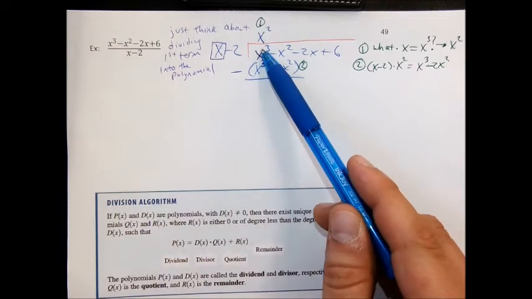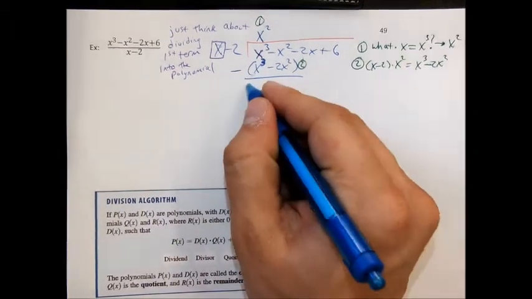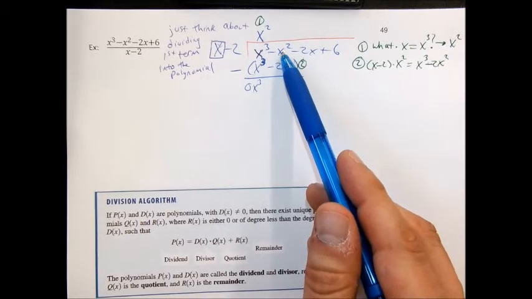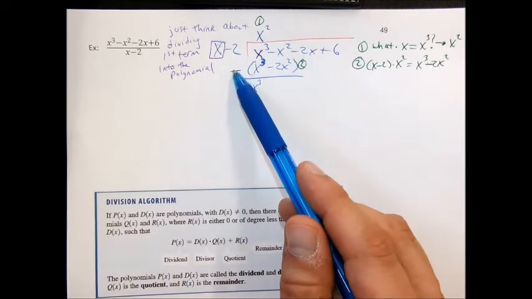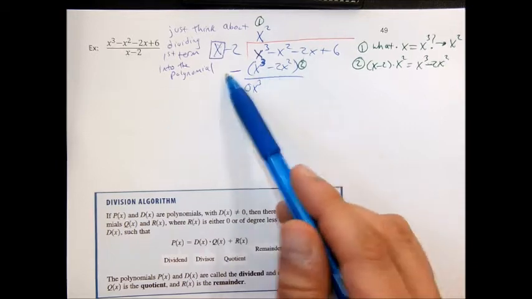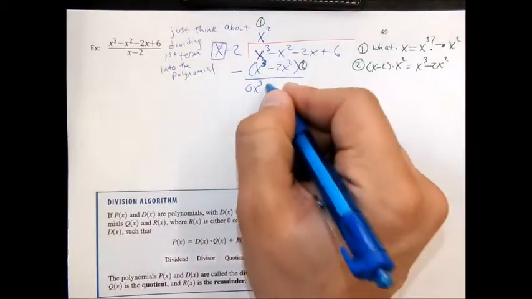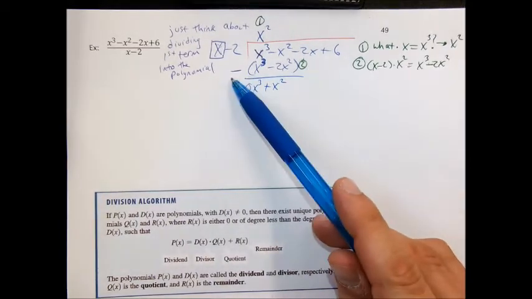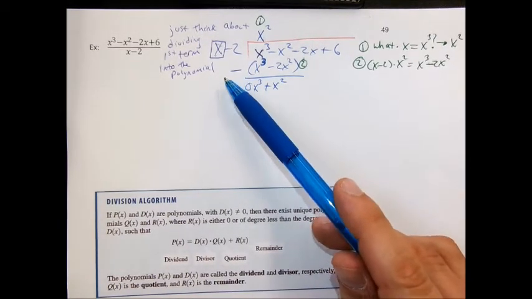So x cubed minus x cubed is 0x cubed. But then x squared minus a minus 2x squared makes it a plus, and we end up with a plus x squared. Super important. Just write parentheses around it and a minus sign, and it'll help you remember to do that. I can't stress that enough.